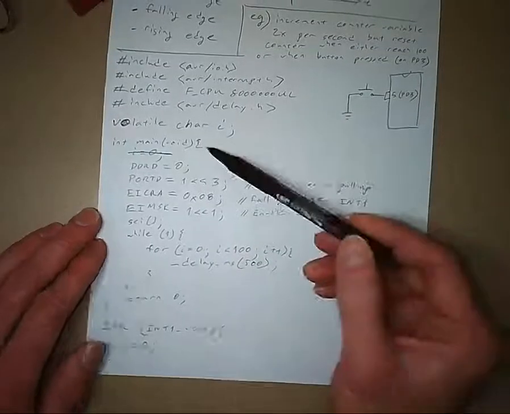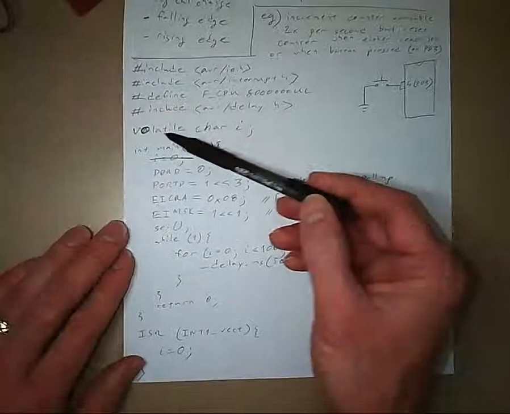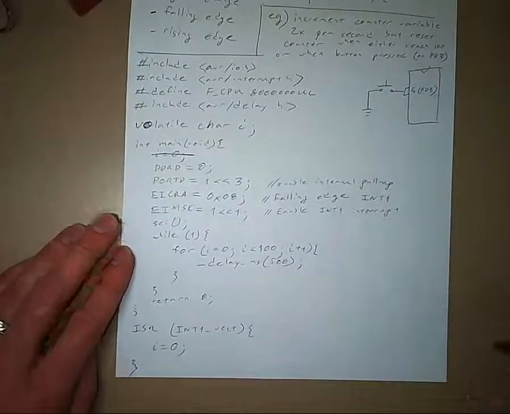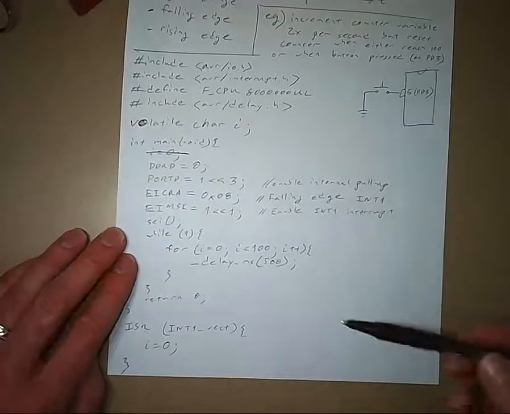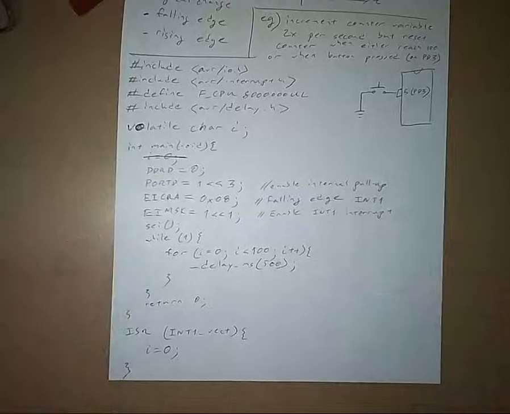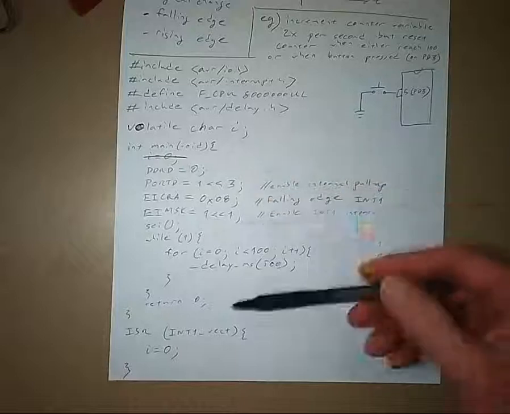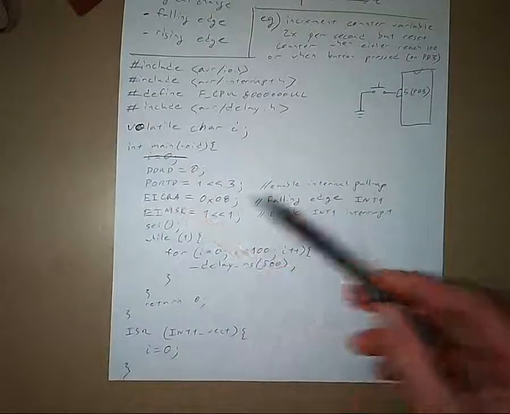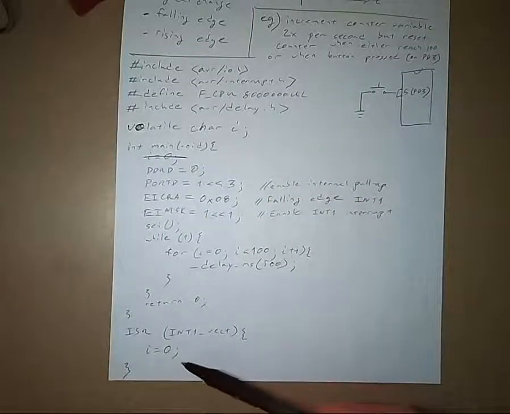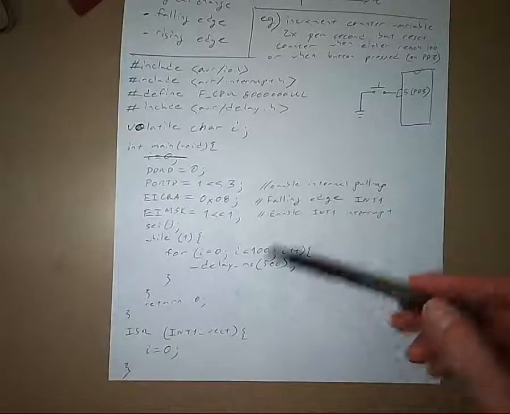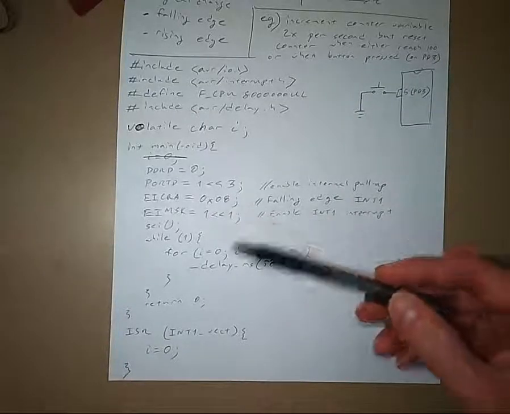So that's why it's a global variable, but then why is it a volatile variable? Well, that's because, not necessarily in this case, but in some cases, a compiler could look at the code, and if there is no way that that variable is modified inside of main, so say it's just read inside of main, but it's modified inside of the interrupt service routine, then the compiler could optimize the code and just set it to be a constant value.